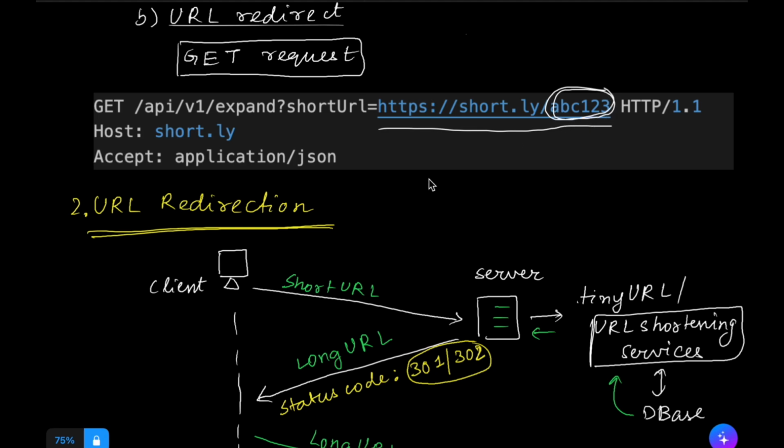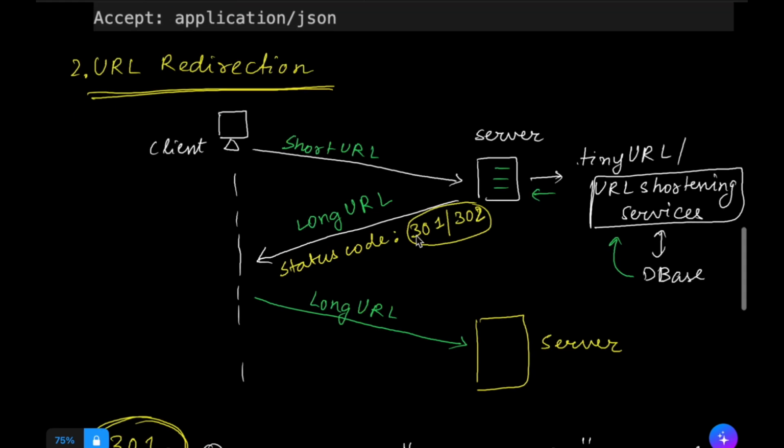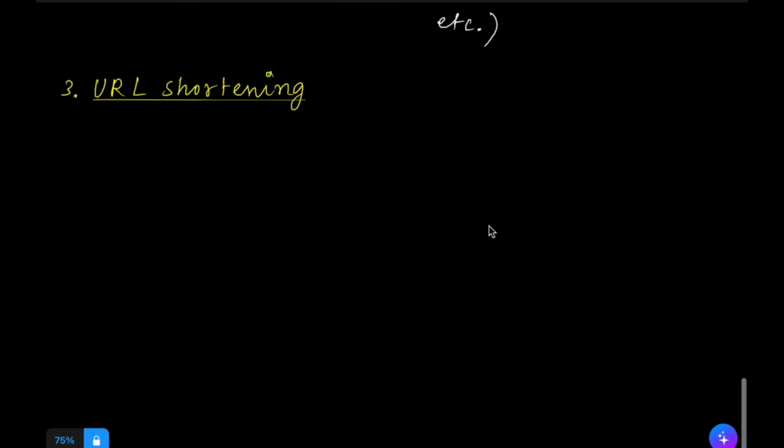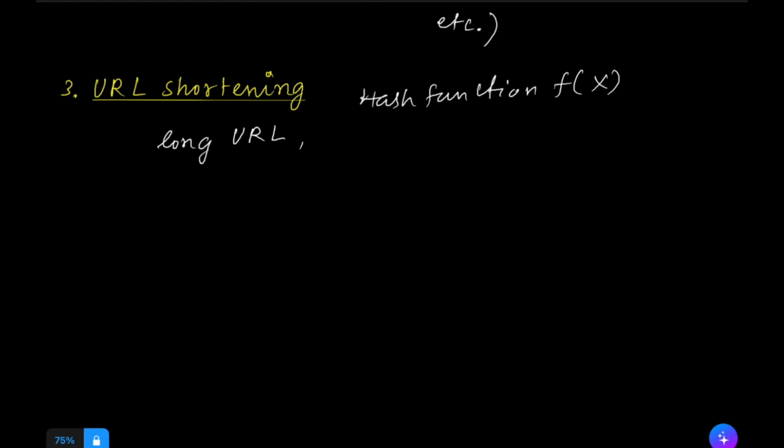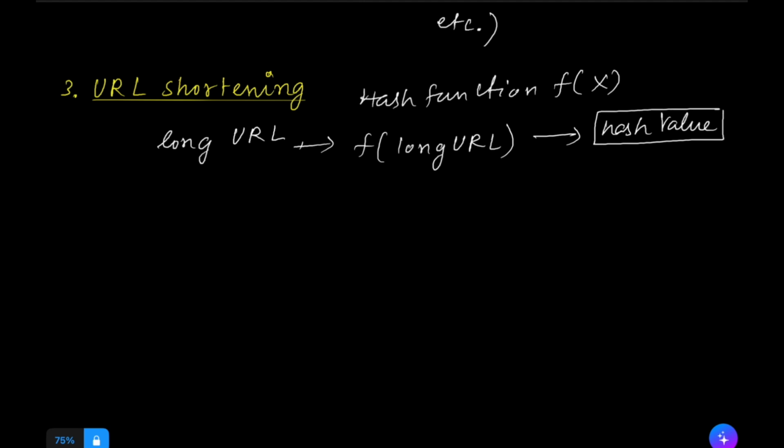What is this hash value? If I write down here, I have a long URL and a hash function, let's say f of x, which takes the long URL as input and generates a hash value, which is appended to the URL shortening service.